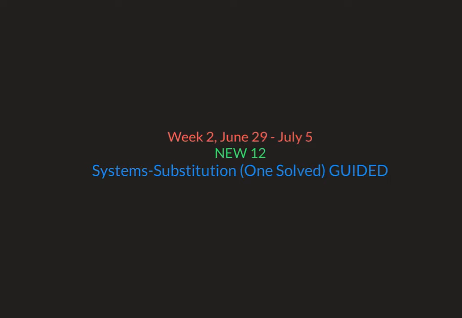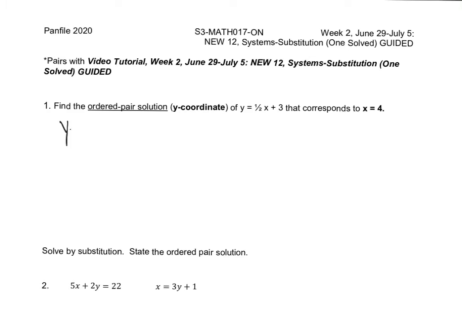When we have y equals 1/2 parentheses plus 3, because they've given us x equals 4, okay? We want to find the y, and now I am plugging in for the x when x is equal to 4.